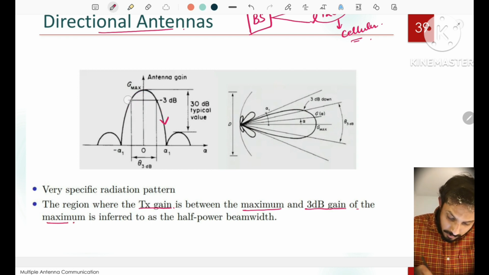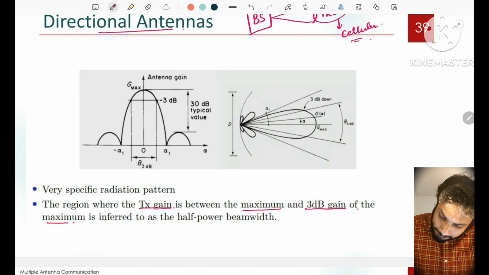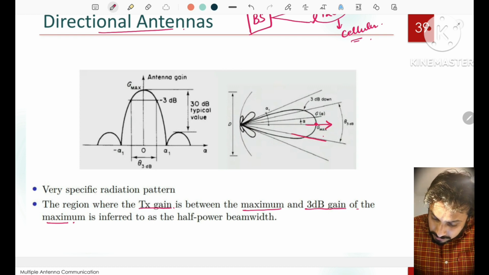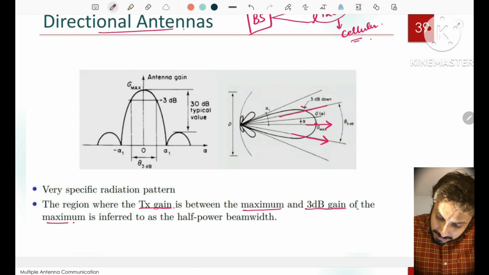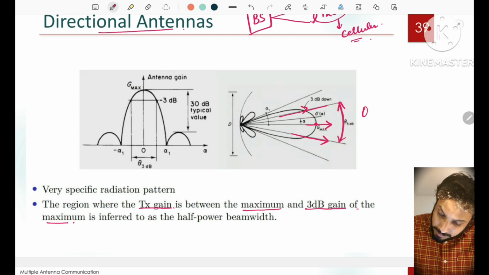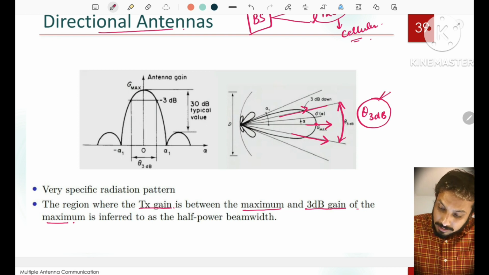That means, let's say this is the maximum gain and this is 3 dB less than the maximum, and this is 3 dB less than the maximum. And this angle, represented by theta 3 dB, is known as the beam width.